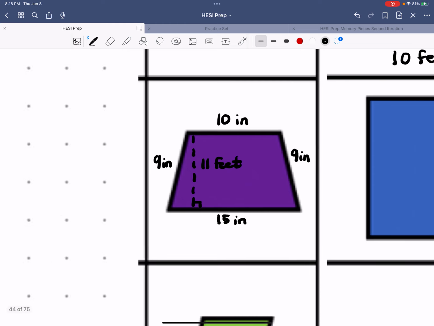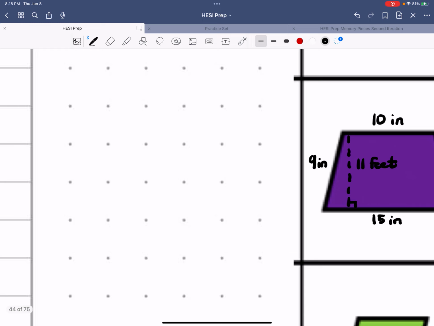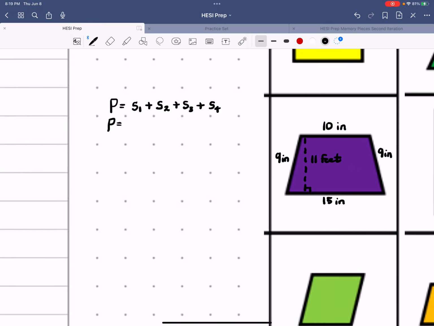Okay, so this is the trapezoid. The perimeter is side 1 plus side 2 plus side 3 plus side 4. If you want the soldier to walk the perimeter, he's going to walk around the sides.